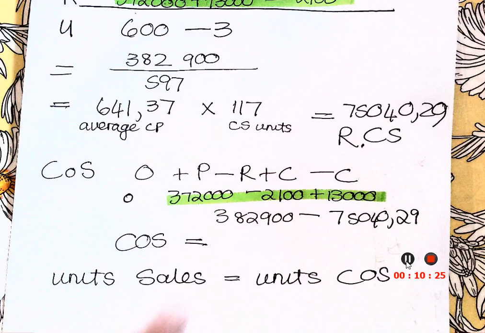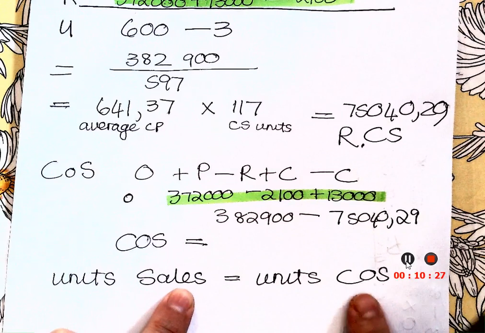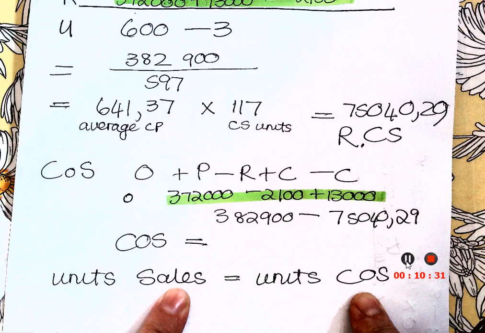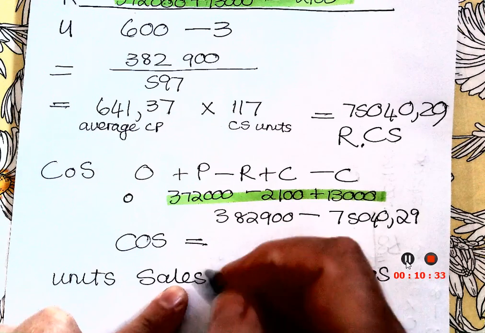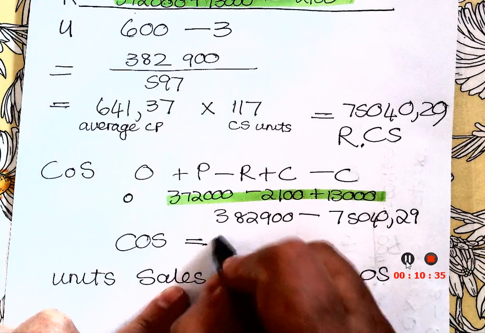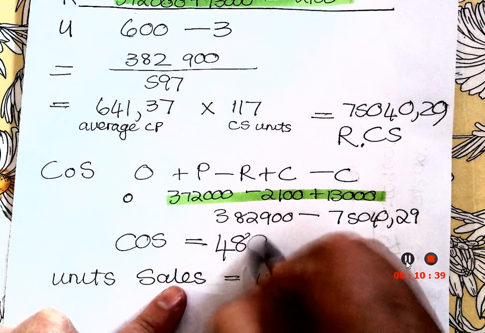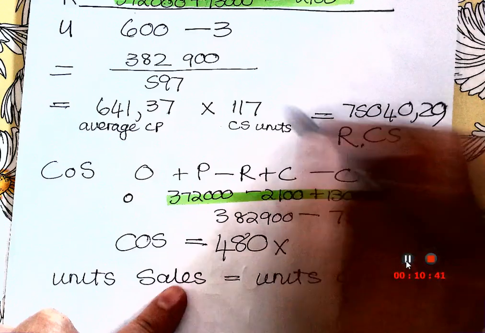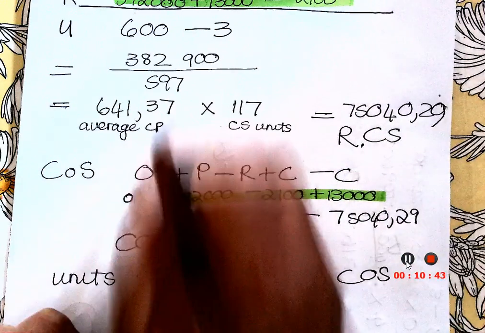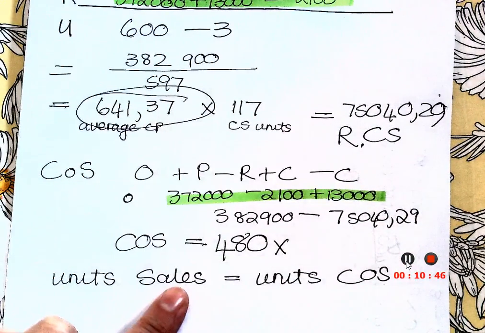So if I have the sales units, I've got the cost of sales units. Did they give me the sales units? Yes, they tell me it's 480, right? And I calculated the average price there.